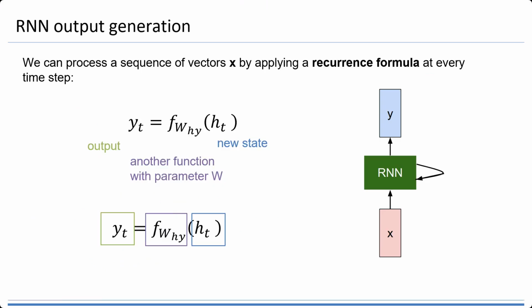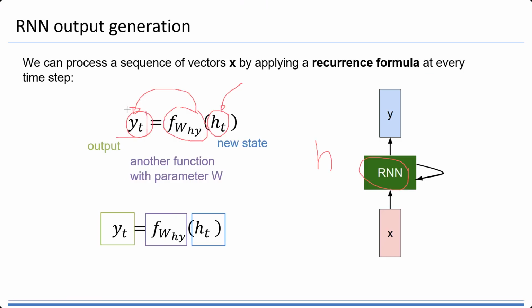We can have another function to output the y. After we have the h, we can consider this h as the input to produce the y.